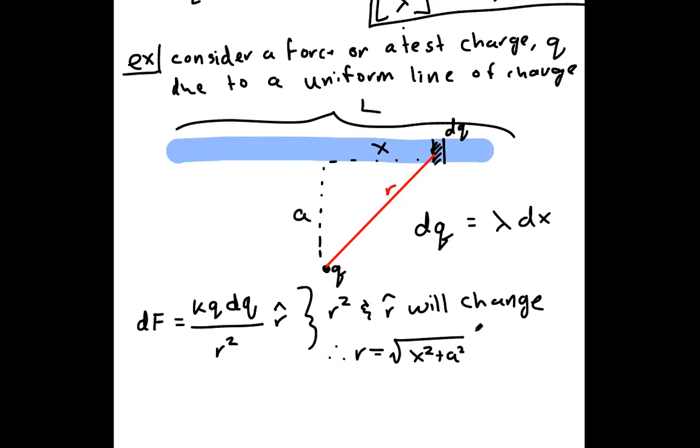r hat will be, let's see, so we know that r hat points in this direction. And so if we break this up into components, r hat is equal to, doing this in my mind, negative x hat sine theta, where this angle is theta, minus y hat cosine theta.